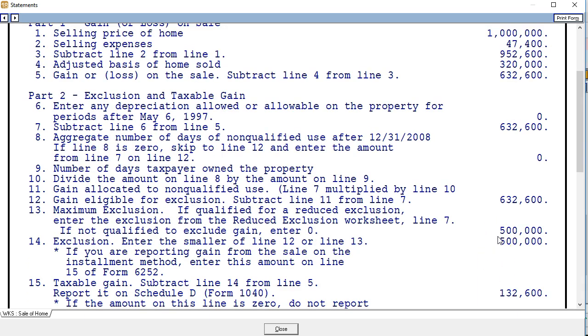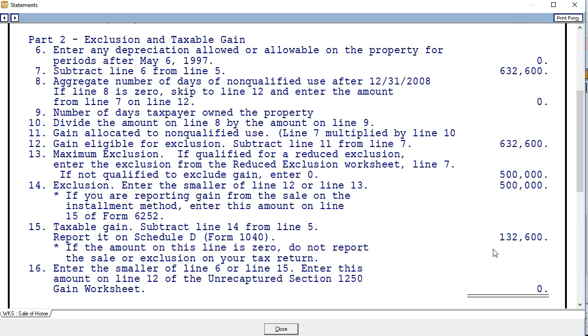And then in line 13, here we have the maximum exclusion. If qualified for a reduced exclusion, enter the exclusion from the reduced exclusion worksheet. Line 7, if not qualified to exclude gain, enter 0. So we have the 500 because we're saying that there's no restriction to it, and 500 is the max for married filing joint. And then of course, line 15 says taxable gain. Subtract line 14 from line 5.